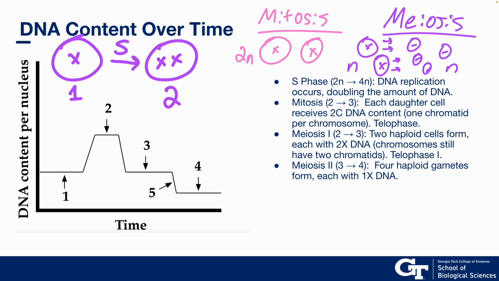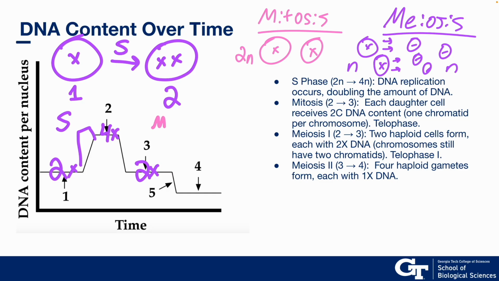And now we can go back, using these outcomes, and put that in terms of what's happening to the DNA content with the graph. So we know that we start with 2 times the amount of DNA in the cell, then we replicate it, and that's during the S phase, so we end up with 4 times the DNA content, and then we go through a division. And this division brings us back down to 2 times the DNA content.